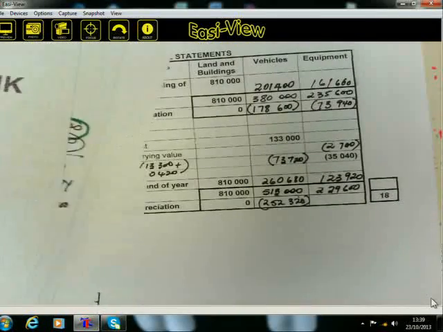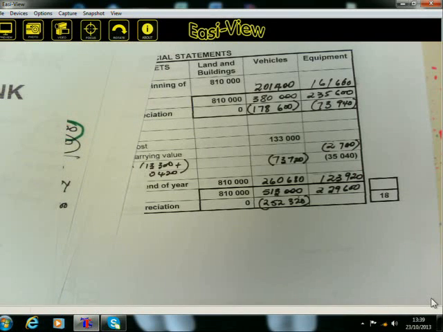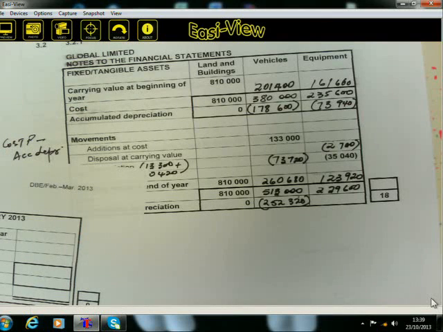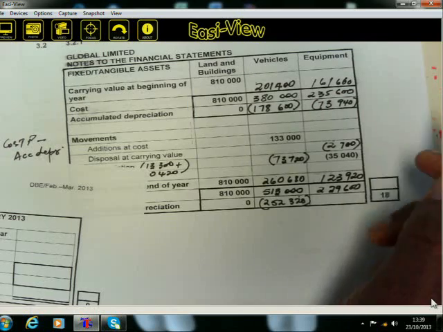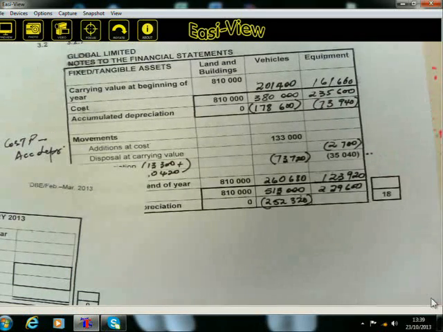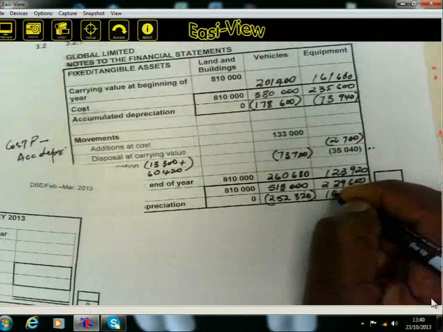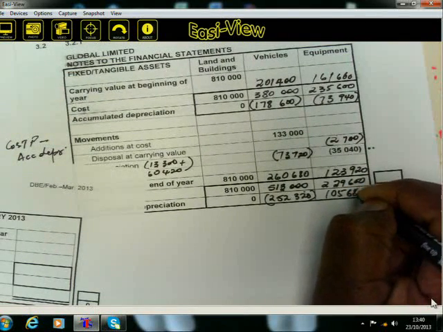So from the 73,940, we subtract the 3,300 for the disposed asset, and then for the remaining asset, we were given the calculated depreciation of 35,040. So we also add 35,040 and the total amount will be 105,680.